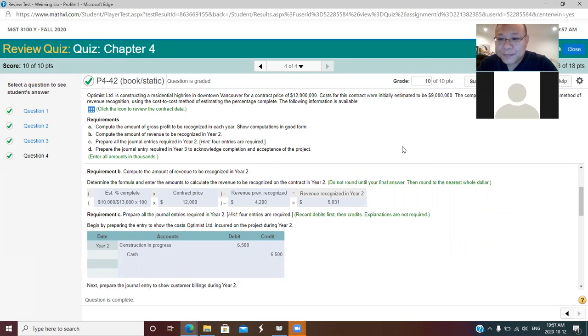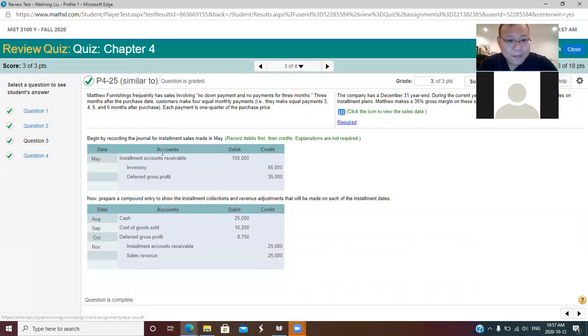Wait, on question 3. I got the May journal entry all correct. And then August, September, October, November, you only enter one? I was just confused why there was only one entry per month instead of 2, like a debit and a credit.